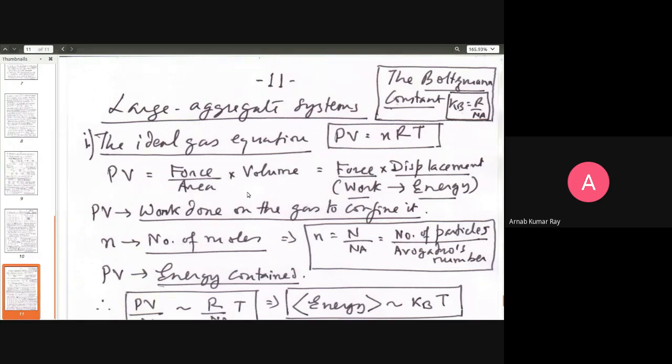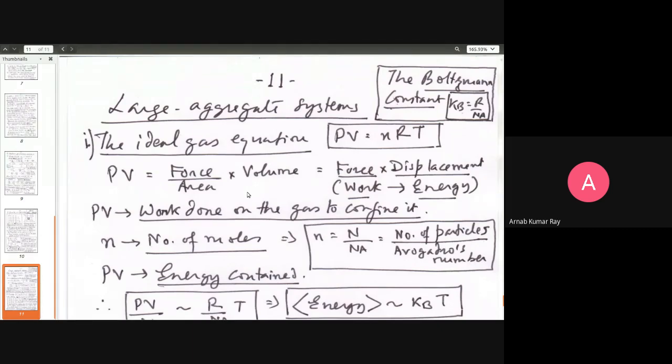So for any element, molecular weight expressed in grams will give you Avogadro's number of particles in that amount of matter. That's one way of looking at it. Mole is molecular weight or atomic weight expressed in grams.